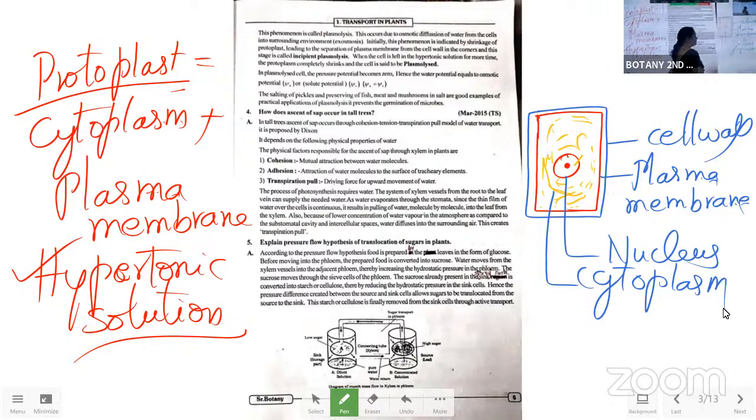Okay. Now what we are saying, when we place a healthy cell in the hypertonic solution, cell starts shrinking. How the shrinking starts? Once the protoplast starts shrinking. So from where the shrinking occurs, that's the one what we have to write. So if the diagram is very clear for you, then the writing part will be the clear one.